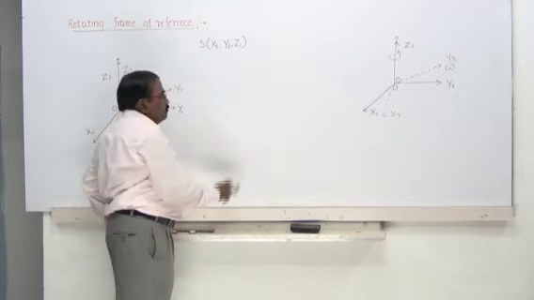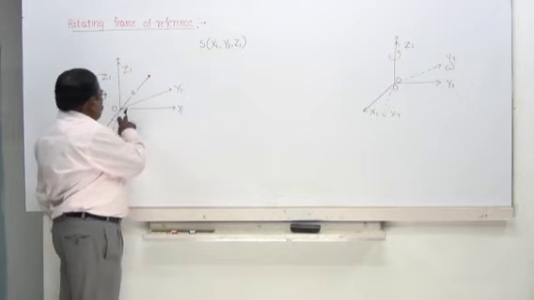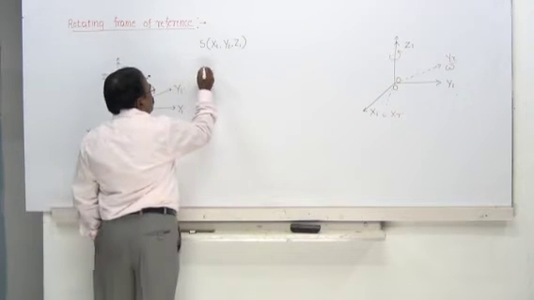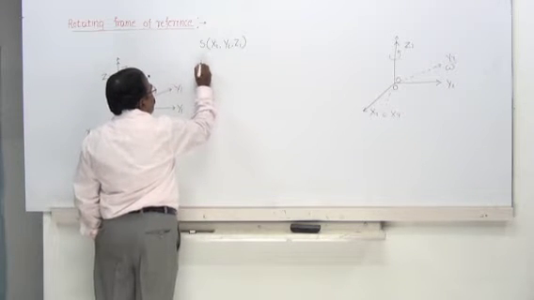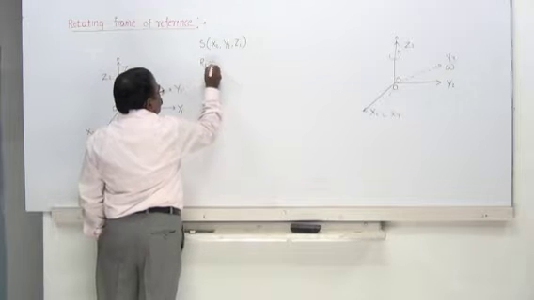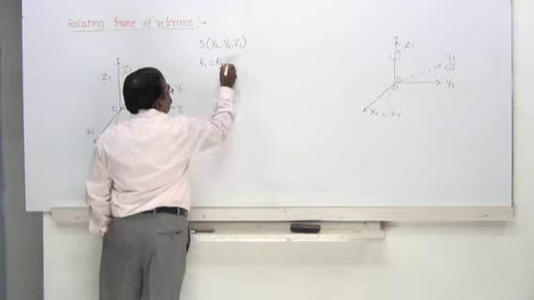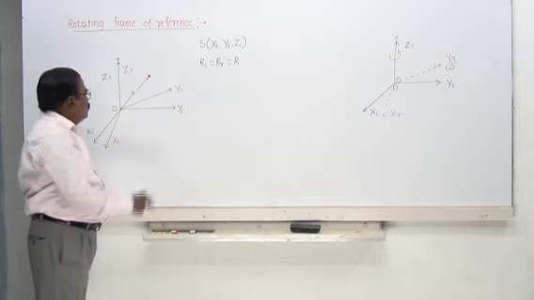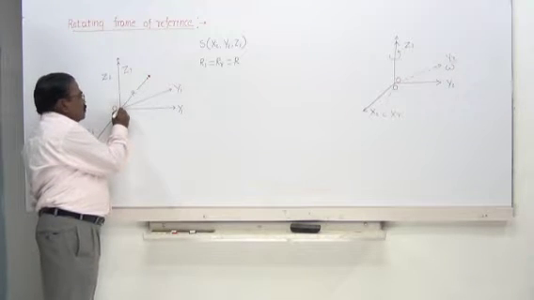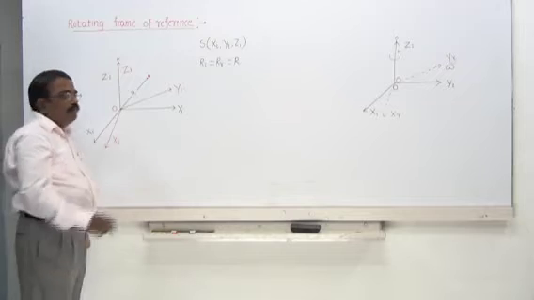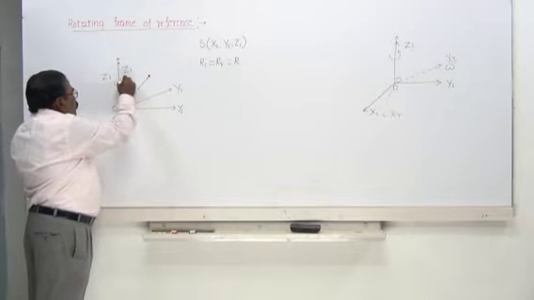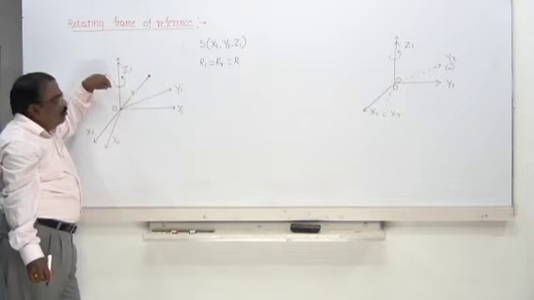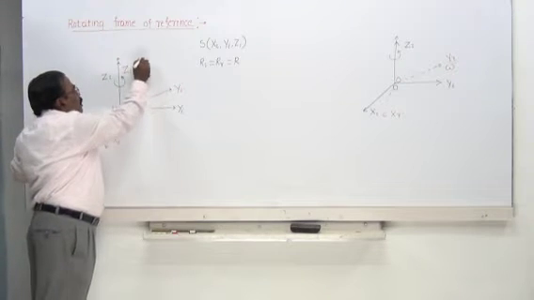So since both the frames have got a common origin, the position vector of the particle is Ri is equal to Rr is equal to R, the same, because it is just the same distance. So the centers of both the frames of reference are coinciding and they are rotating about the z axis with a constant angular velocity omega.